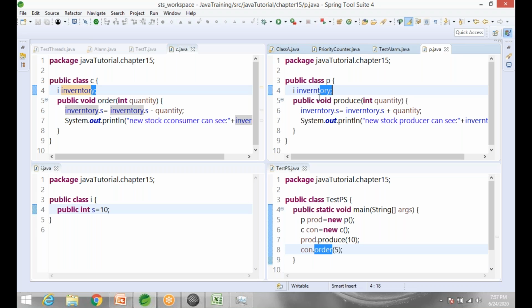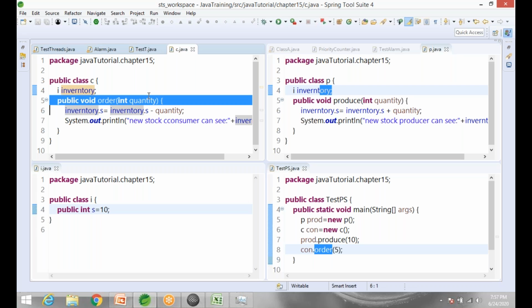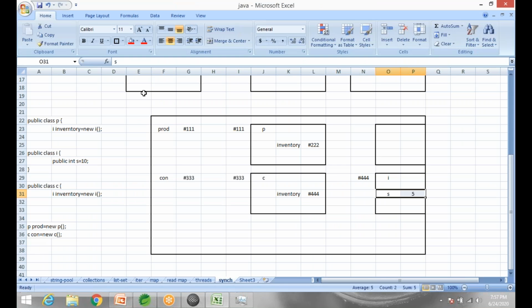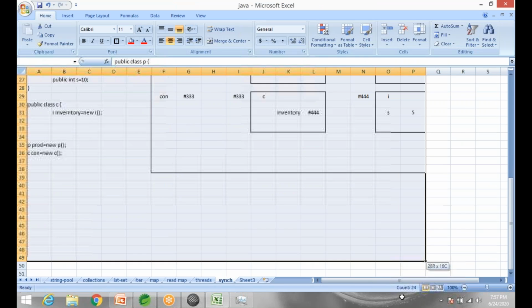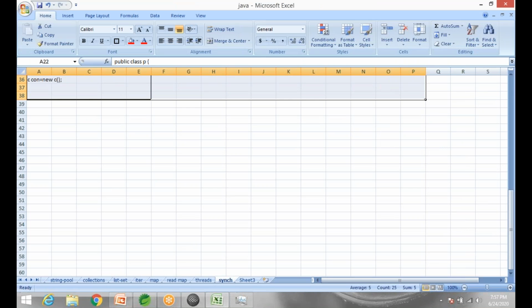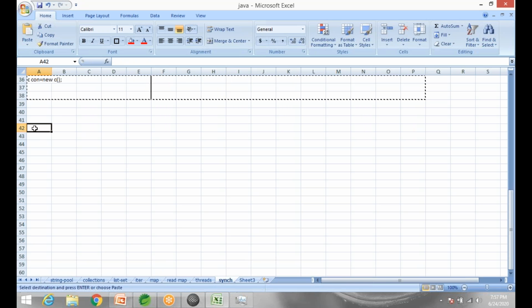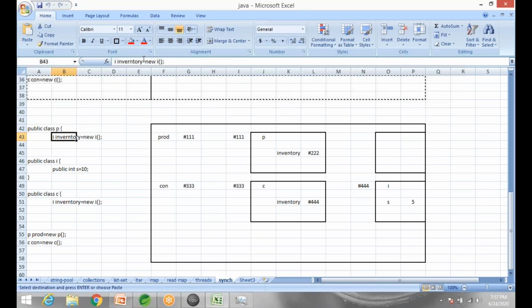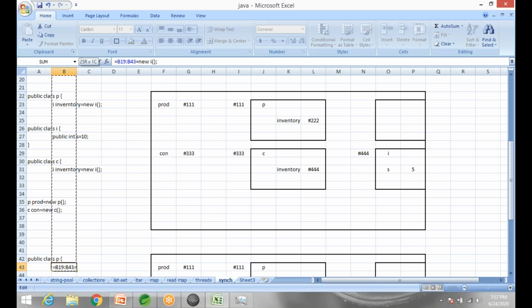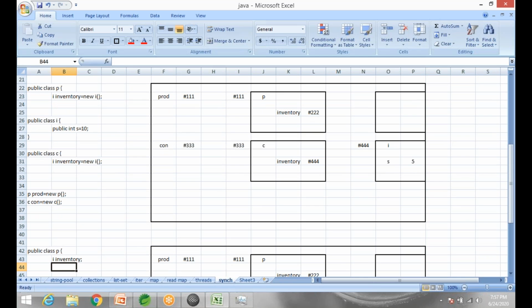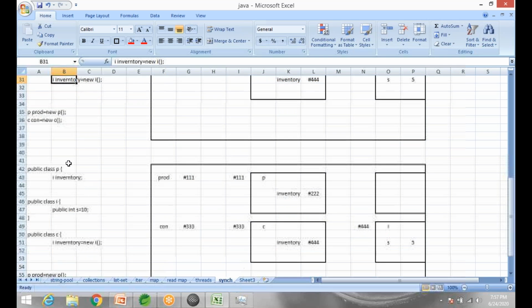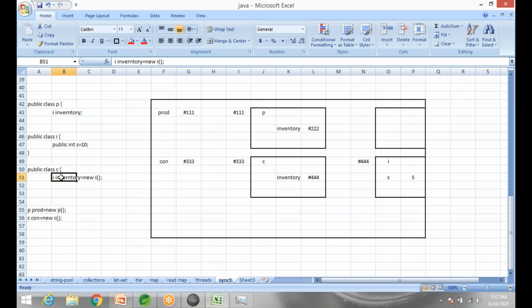So when you don't initialize them, this is what happens in the memory. It is null.